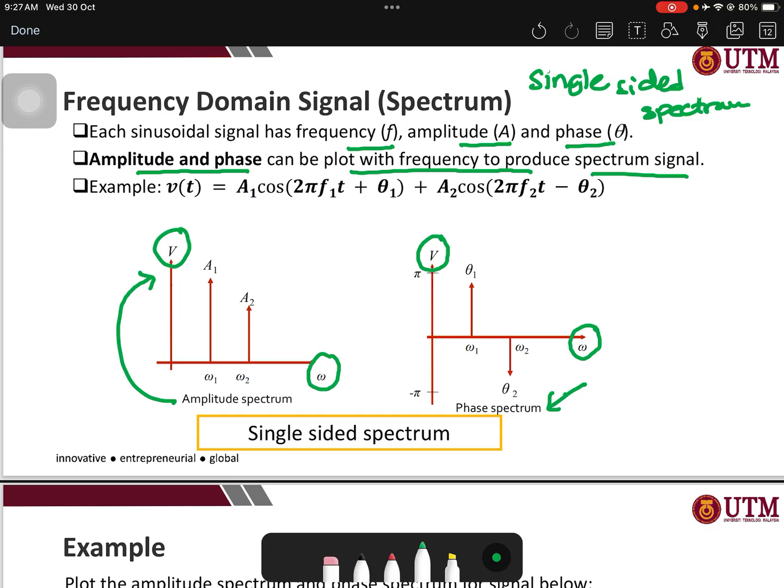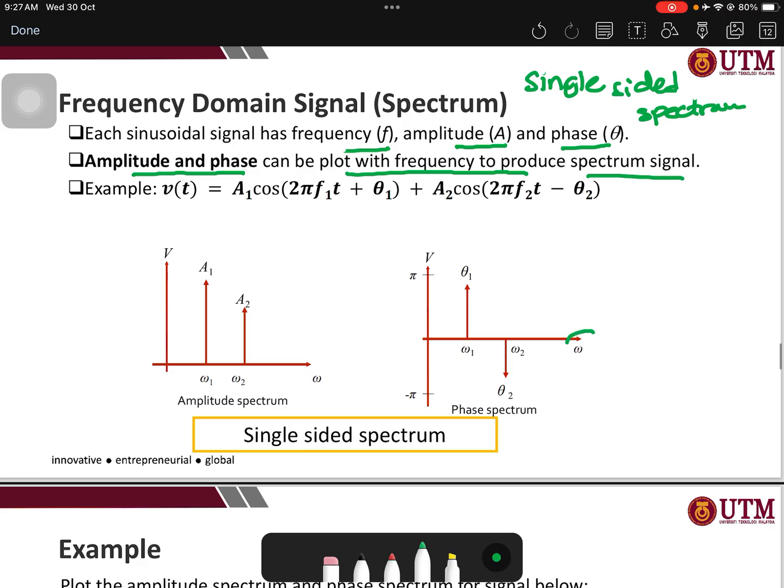For example, let me give you an example. Again remember, your x-axis is your frequency, because now we want to sketch the frequency domain signal. This one is the frequency. Here is the signal given to you.